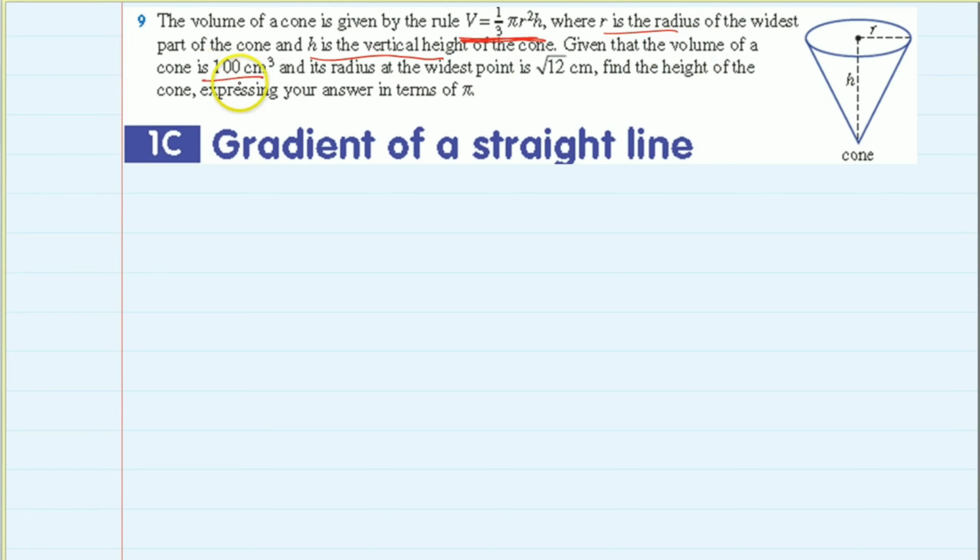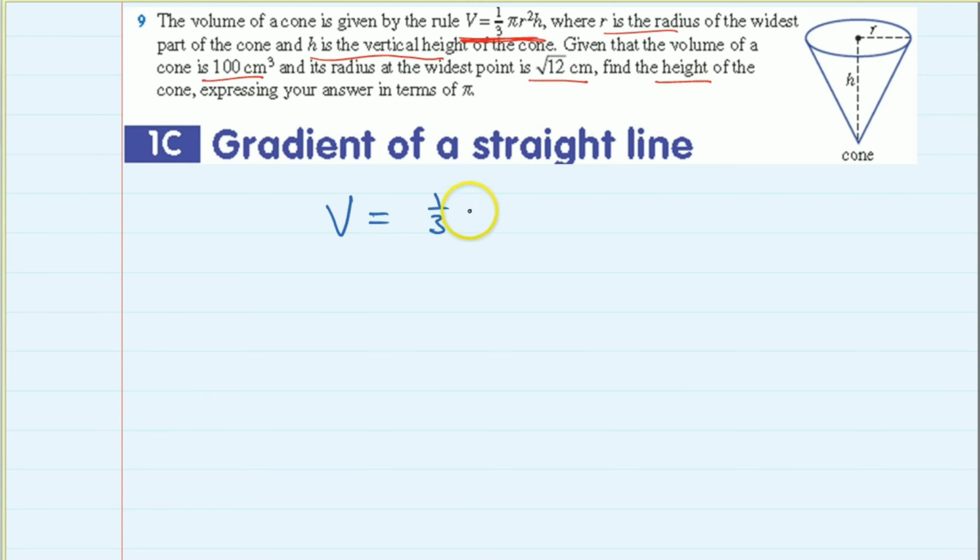The volume is 100 centimeters cubed and the radius is root 12, and then it asks you to find the height. Now, in almost all of these questions, what you'll find is that if you count up the number of variables in the question here, you've been given all bar one of the values and you have to find the final value. So let's start by rewriting the equation.